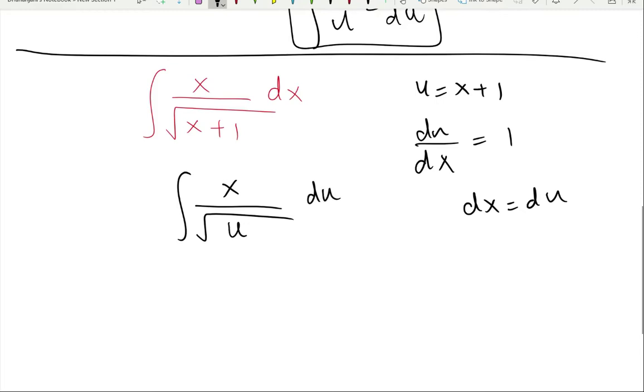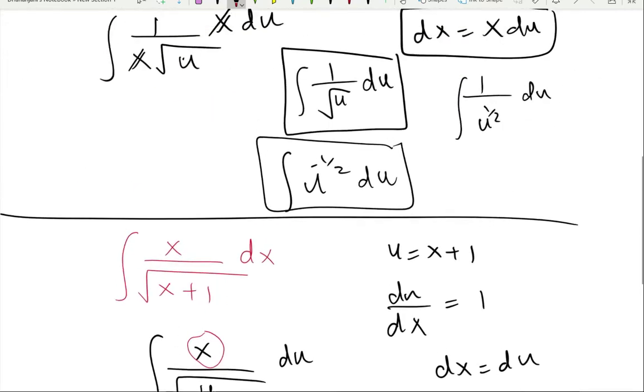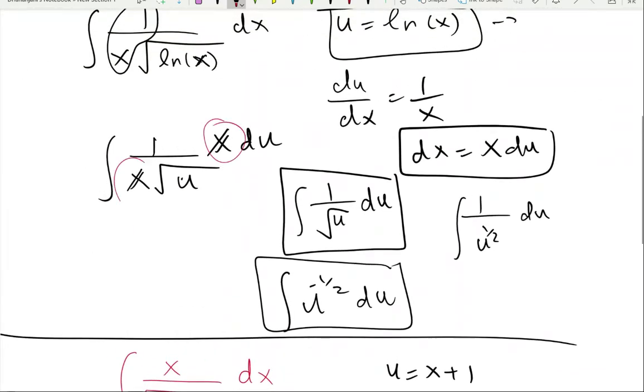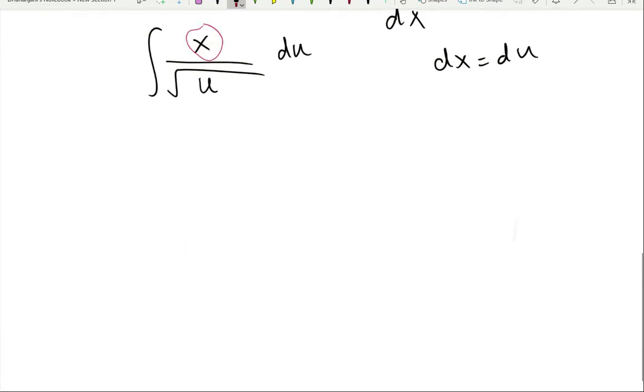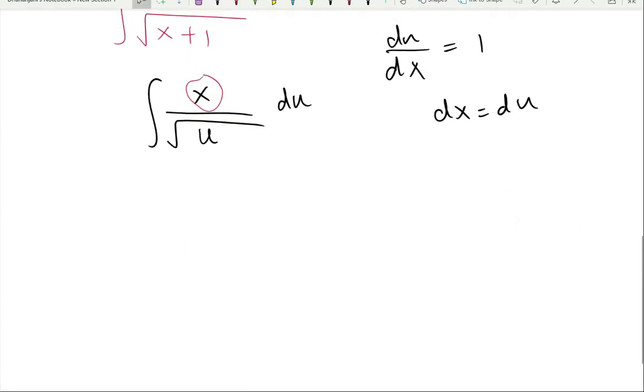Okay. Now we didn't get to cancel a term here. That is why we are left with this x, right? Usually a simplification that leads to a cancellation, just like in the previous problem, helps us get rid of these excess terms.